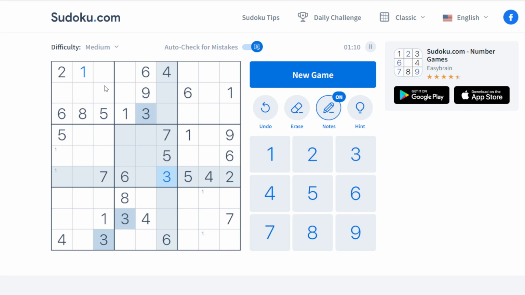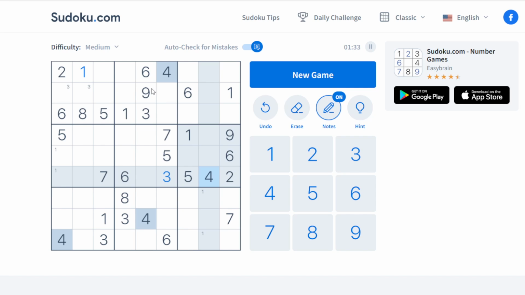We know that the 3 cannot be here or here, therefore it must be here or here. From that, we know the 3 must be in one of these 3, however, I will not make note of it. And the 3 must also be in these 3, but we're just going to move on for now.